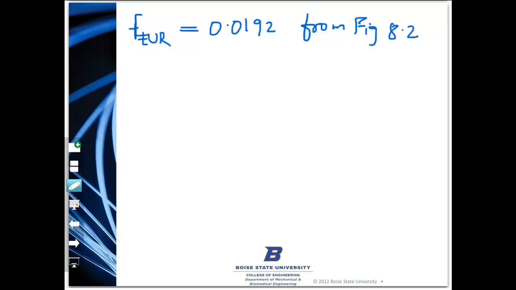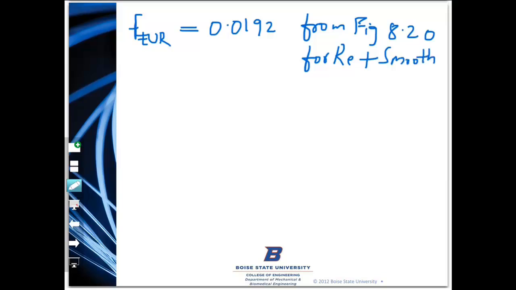Okay, so now f turbulent will be 0.0912, again from figure 8.20, for Re plus smooth pipe.